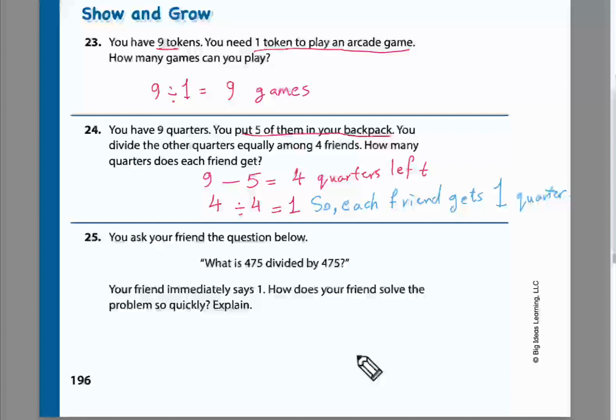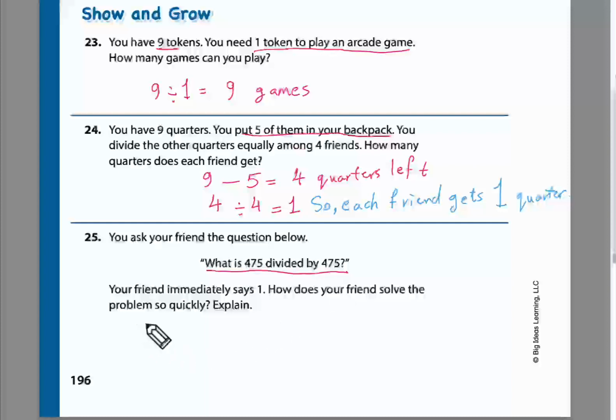Okay, so let's see question 25. Ahmed. You ask your friend, what is 475 divided by 475?